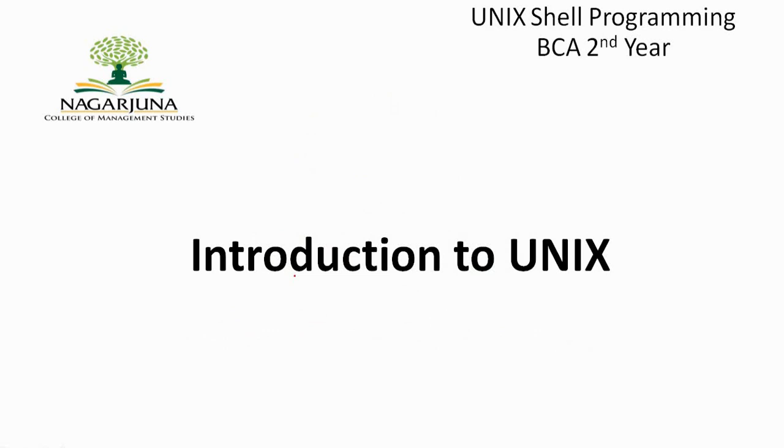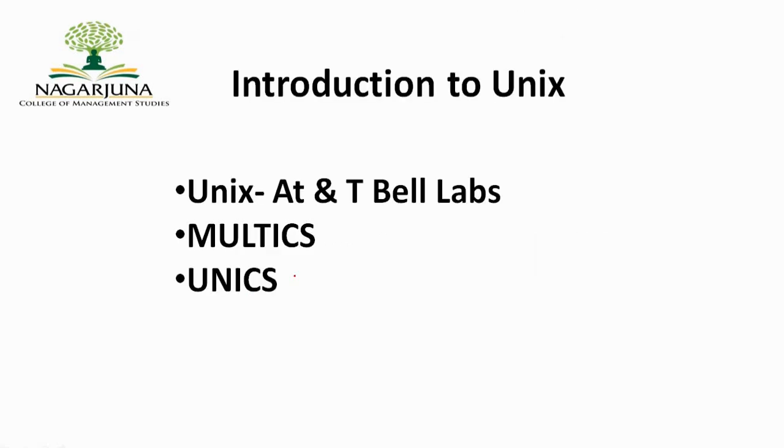Basically, the Unix operating system originated in Bell Laboratories of AT&T and the University of California, Berkeley, which is generally called UCB. In 1960, AT&T Bell Lab, in association with General Electric Company, developed an experimental operating system called Multics, abbreviated as Multiplexed Information and Computing Service.